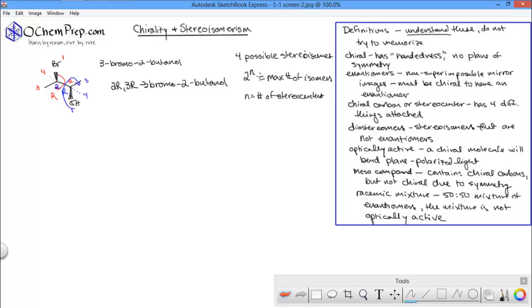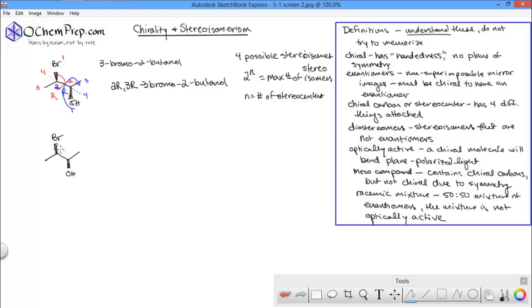Now, that doesn't mean you're always going to have 2 to the n stereoisomers. I'm going to add "maximum" up top because we're going to look at some planes of symmetry. But for this molecule, there will be 4 different stereoisomers.